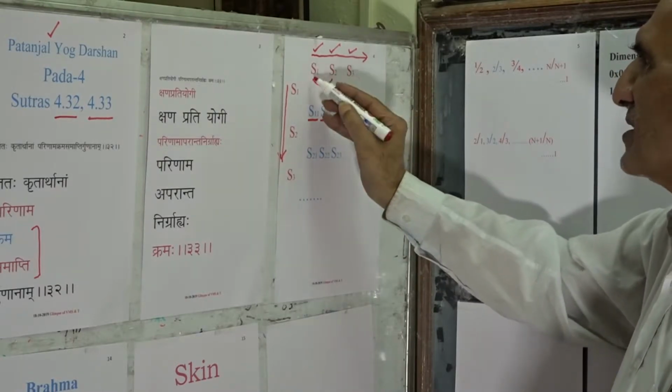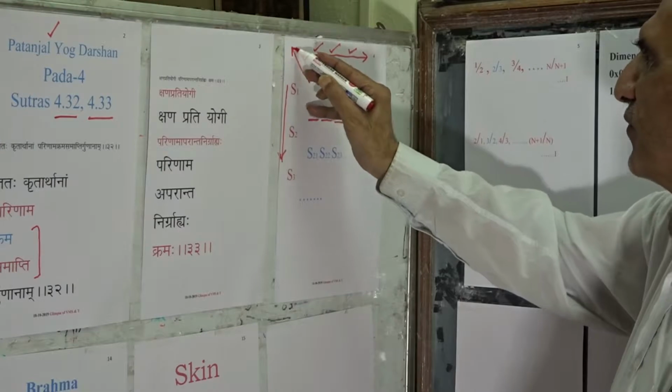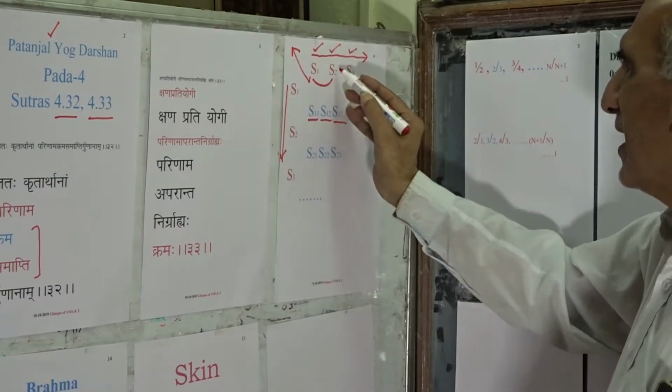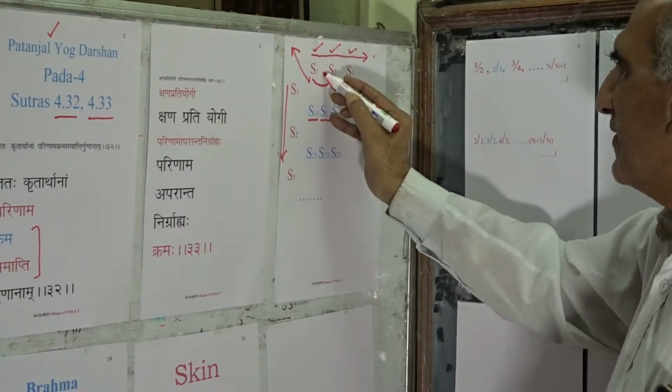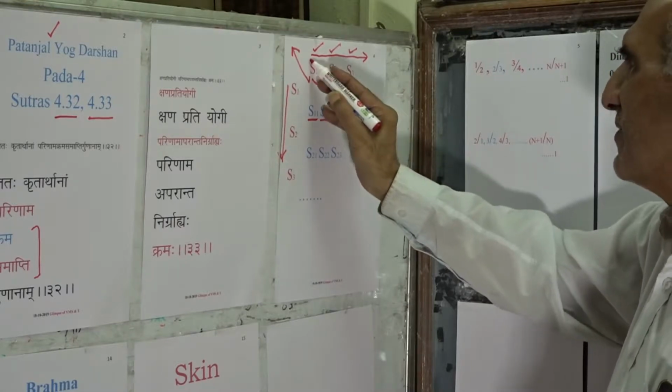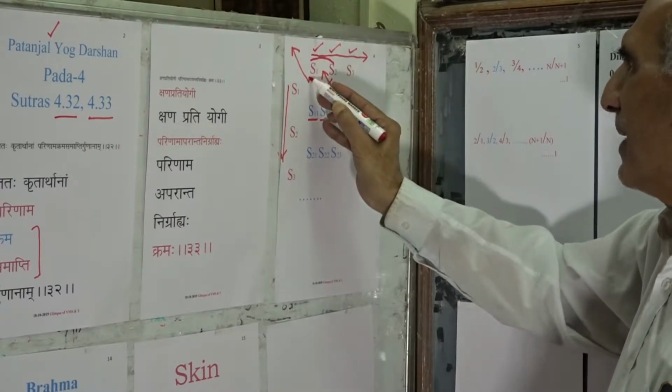So the first value of the sequence and a reach up till the second value of this sequence is having a jump, is having a gap.